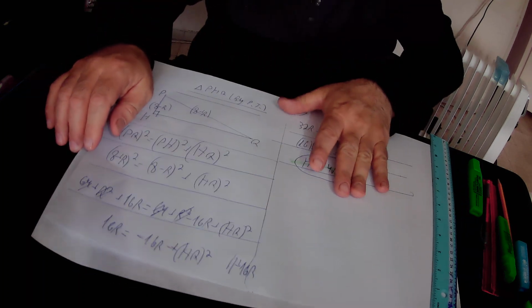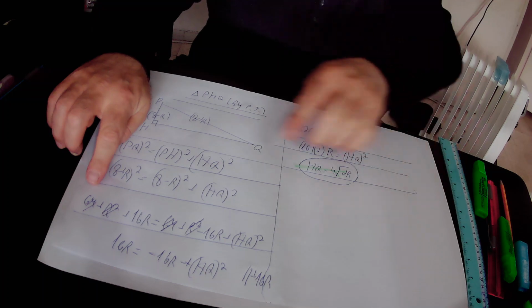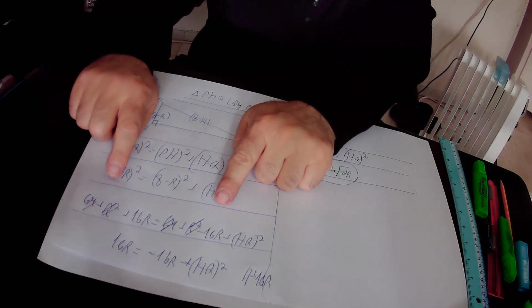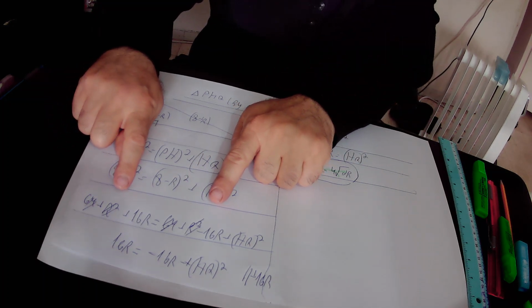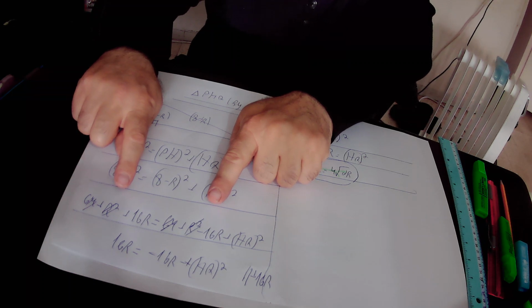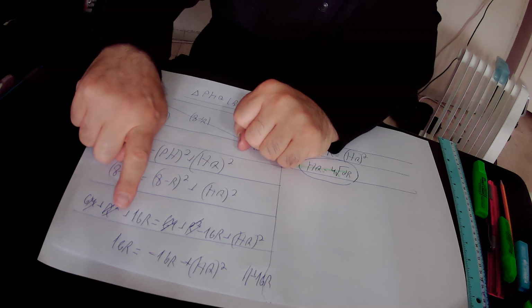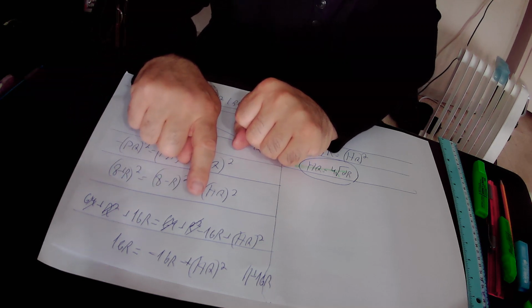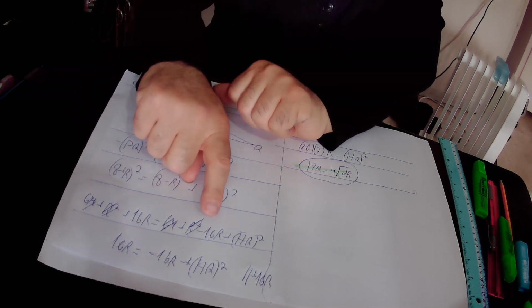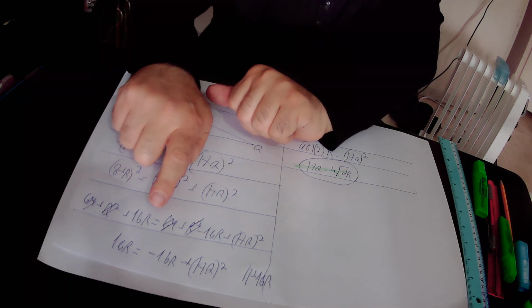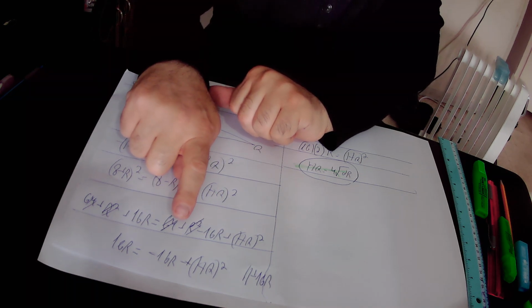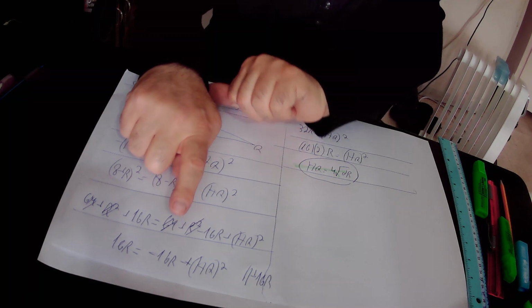Here we have 64 on both sides of this equation, so 64 will get cancelled. And we have R square also on both sides, so R square also will get cancelled. After cancelling those two expressions, on this side we are left only with 16R. On the other side we are left with minus 16R plus HQ square.